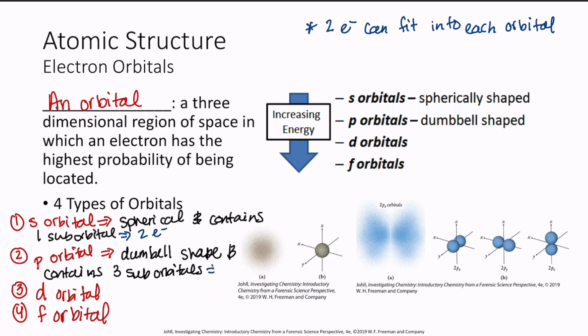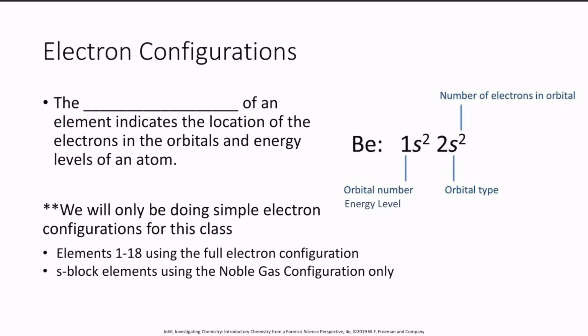In the p orbital, since I have 3 suborbitals and 2 can go into each one, I can fit 6 electrons. The d orbital has 5 suborbitals for a total of 10 electrons, and the f orbital has 7 suborbitals for a total of 14 electrons. But like I said, we're primarily going to focus on the s and the p orbitals for this class.